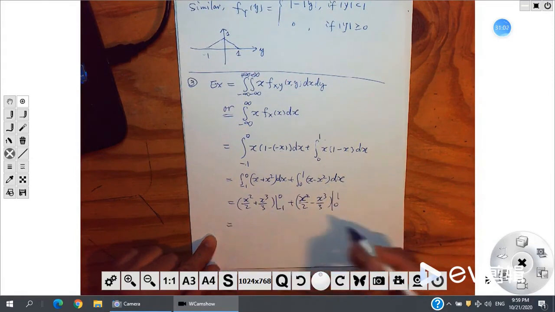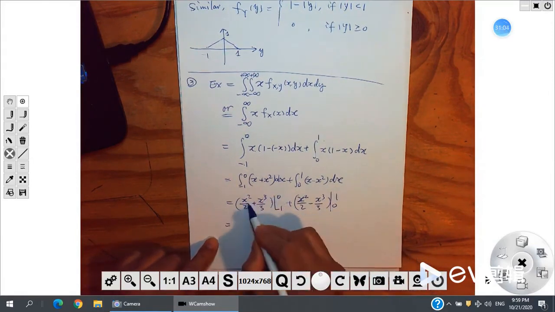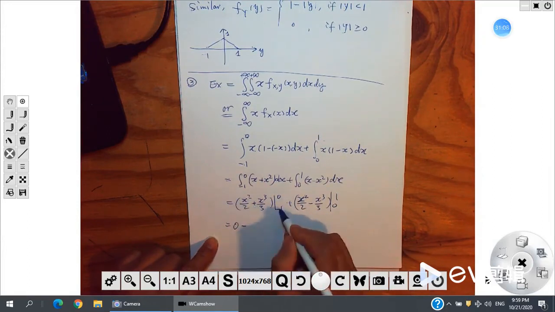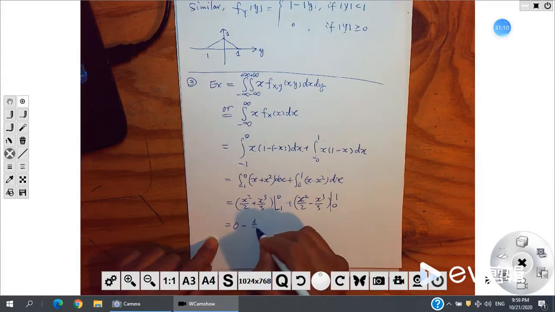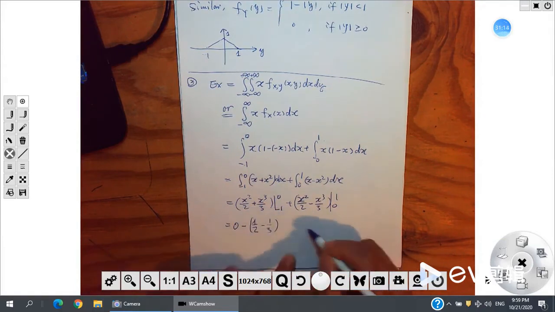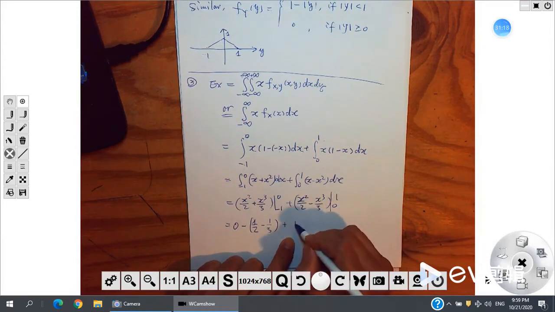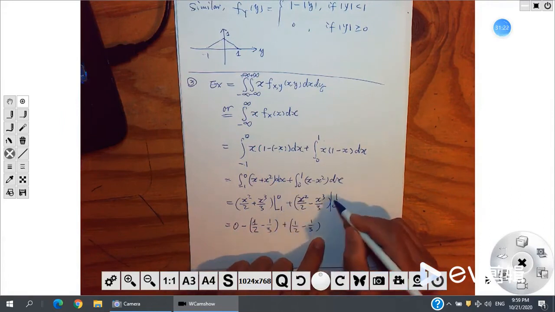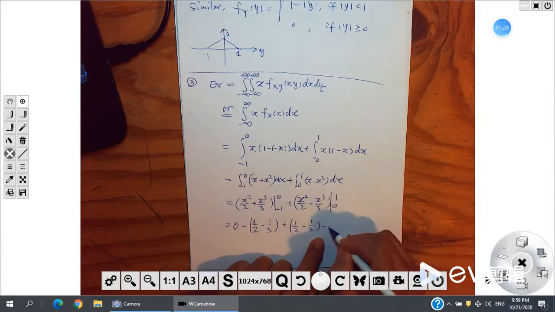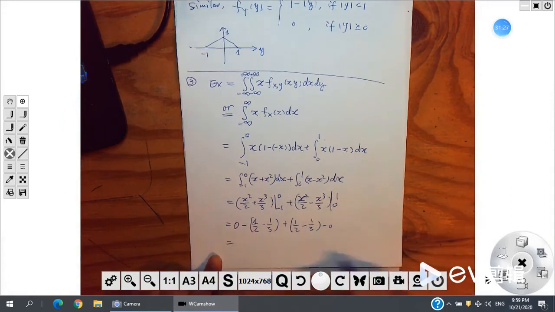Now let's plug in 0, I get 0, and minus plug in -1, I have 1 over 2 minus 1 over 3, and here's a plus. When x is 1, I have 1 over 2 minus 1 over 3, and when it is 0, it is just 0.